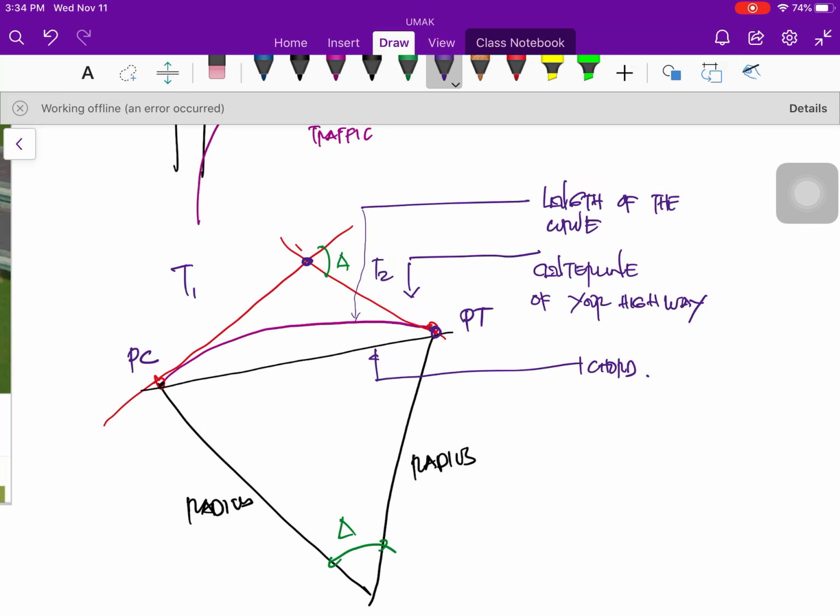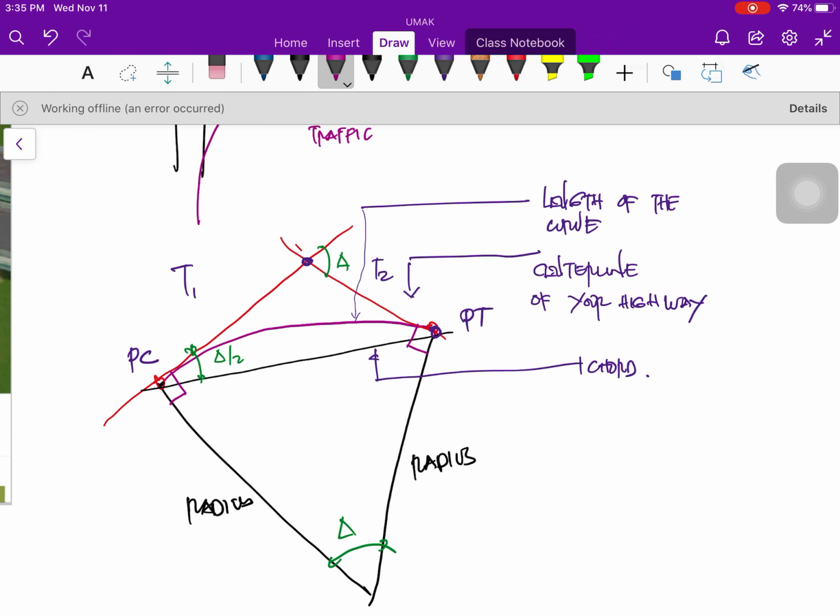If this is delta, this must be delta over 2. That's one property of a circle. Another element to be added is this one, which is perpendicular, similar to this one.